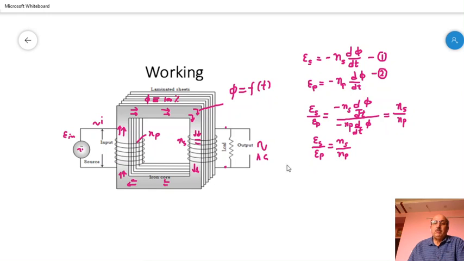As we assume here, the power at the input side is equal to the power at the output side. We are considering the transformer in an ideal situation. There is no power loss. So power is the product of voltage and current.